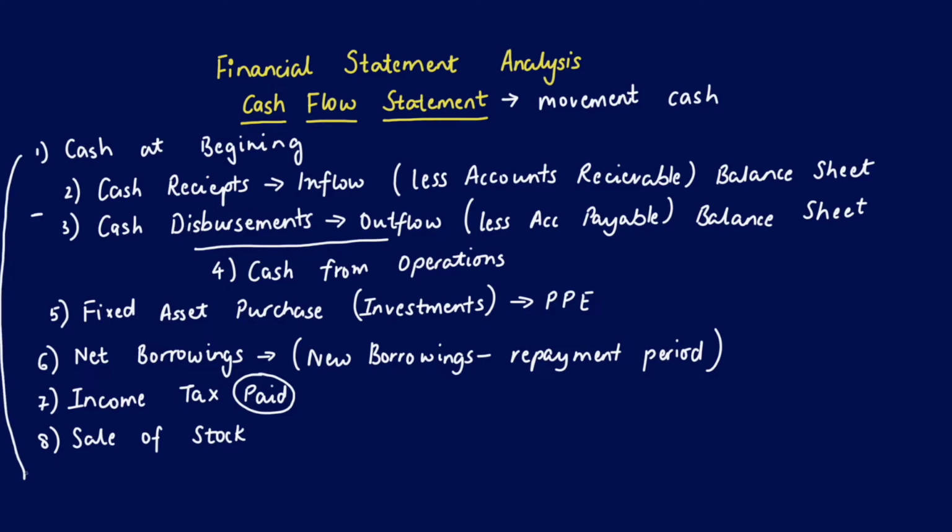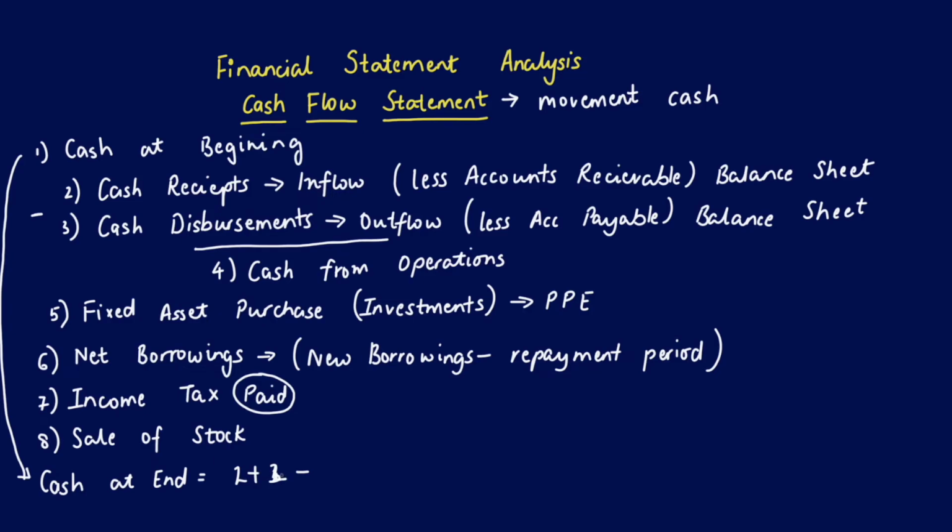Now, the important thing is when you're looking at the ending cash balance, you look at the cash balance you started with at the beginning, and after all your expenses and any money inflow, you get cash at the end of the period. So a quick way to calculate this would be to take your cash at the beginning, you add the cash from operations, which is number 4.